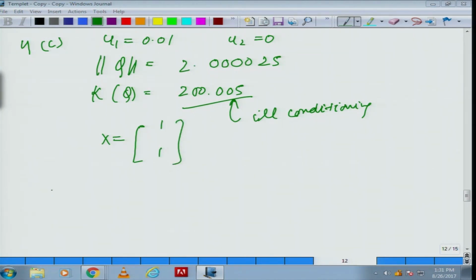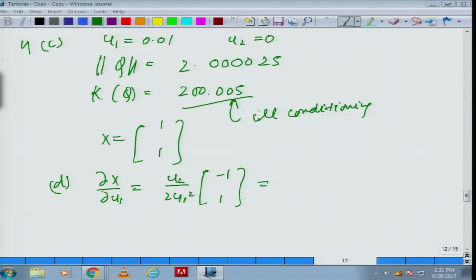Now coming on to the D part, where we have to tell how the solution changes on small changes in U1 and U2. For this we differentiate: del x by del U1 gives us U2 by 2 U1 square, minus U2 by 2 U1 square.